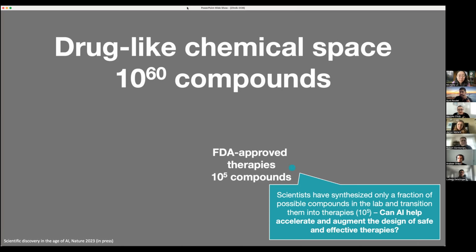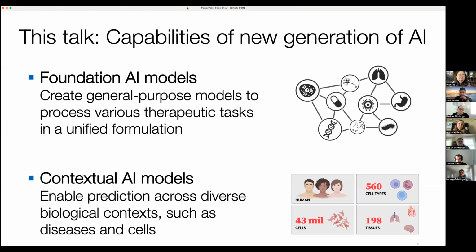So can AI really help us accelerate and augment the design of safe and effective therapies? I want to answer this question in this talk by illustrating two key capabilities of a new generation of AI methods that we have seen being developed over the last few years, but mainly focusing on the last year.